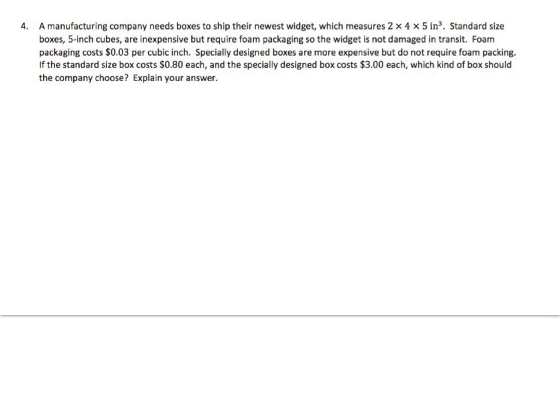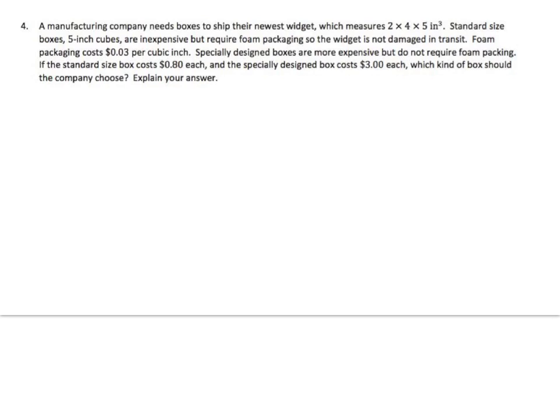Foam packaging costs 3 cents per cubic inch. Specially designed boxes are more expensive but do not require foam packing. If the standard size box costs 80 cents each and the specially designed boxes cost $3 each, which kind of box should the company choose? Explain your answer.